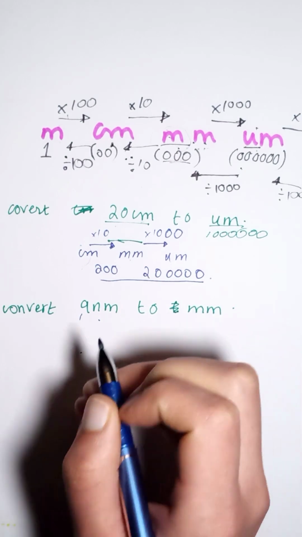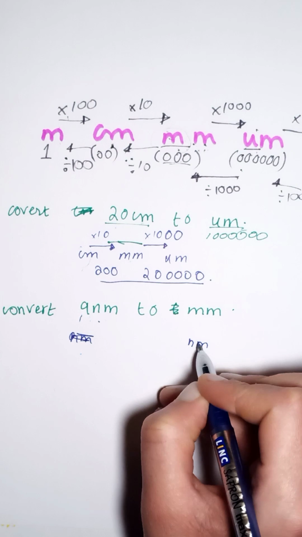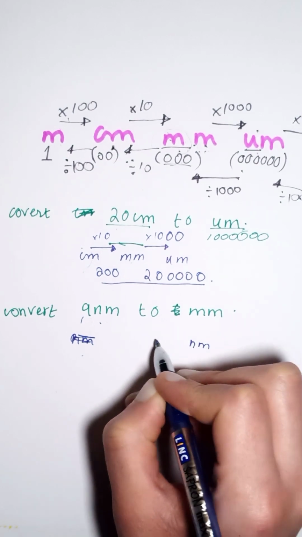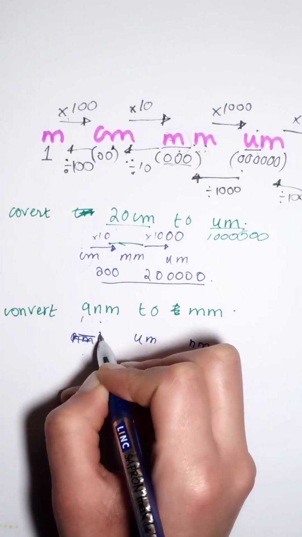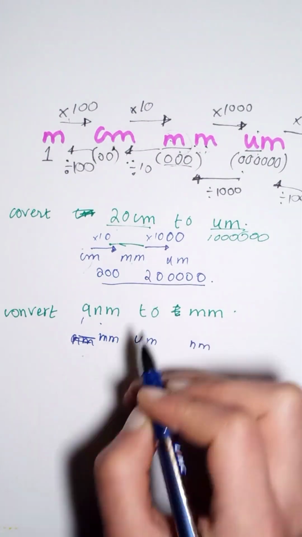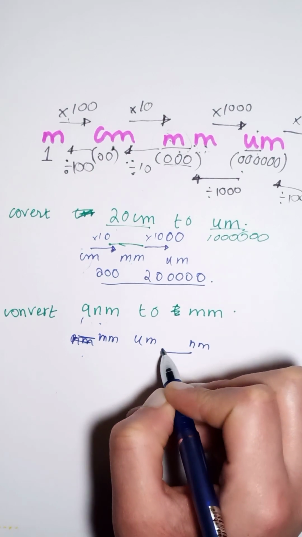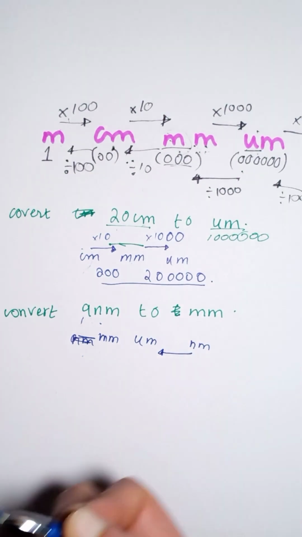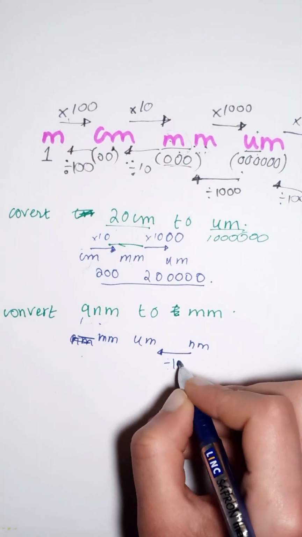Nanometers comes first, then micrometers, and then millimeters. We know the steps between these units are thousands, so we divide by 1000.